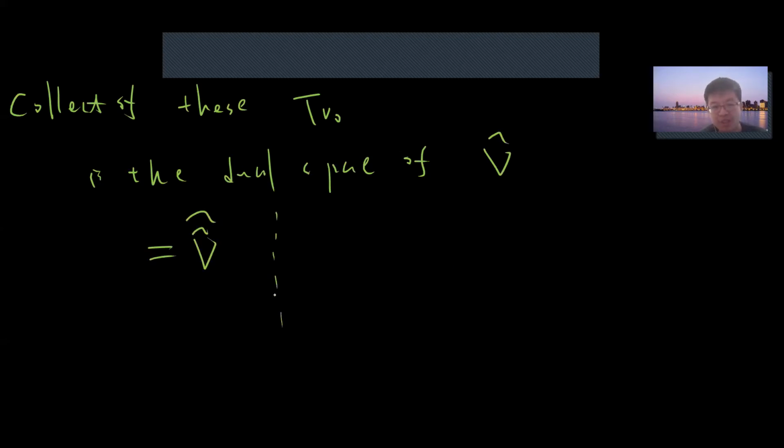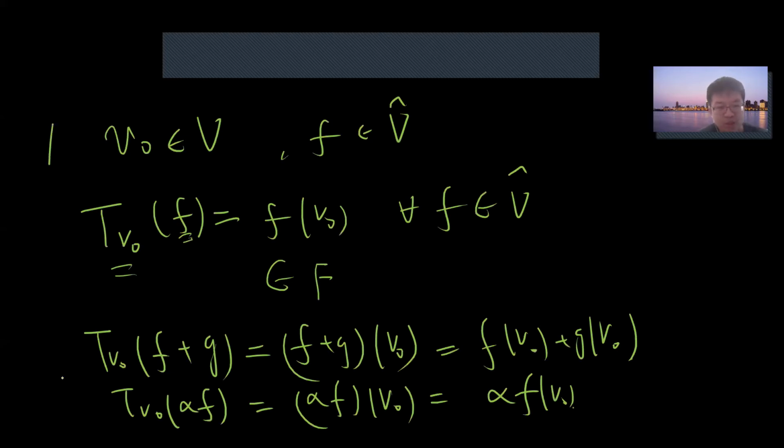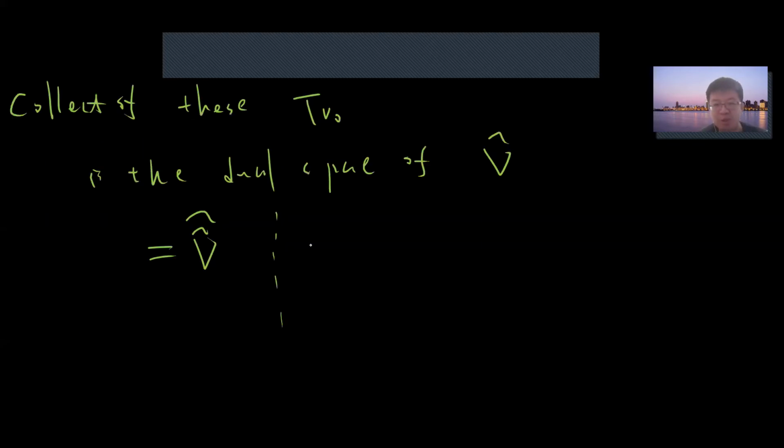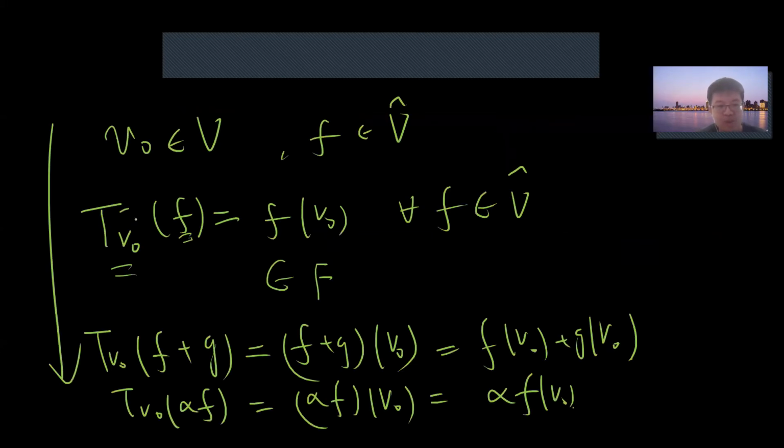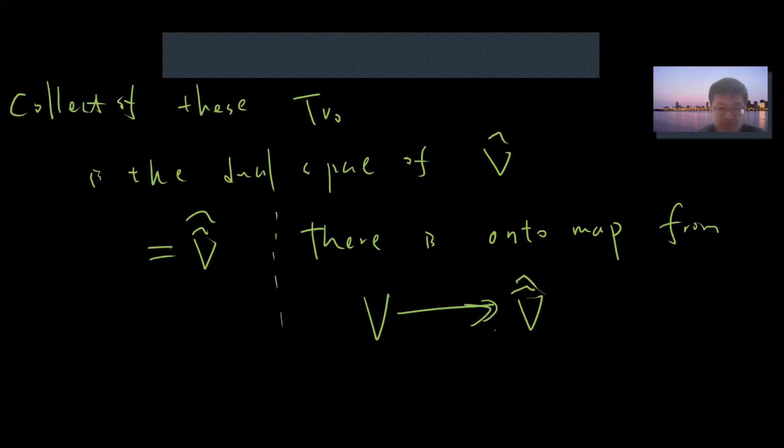By this construction, there is an onto map from V onto V dual dual, because it is labeled by v0. Any v0 forms an element of V dual dual. This is called the second dual.